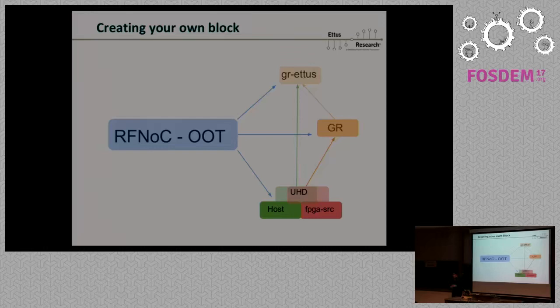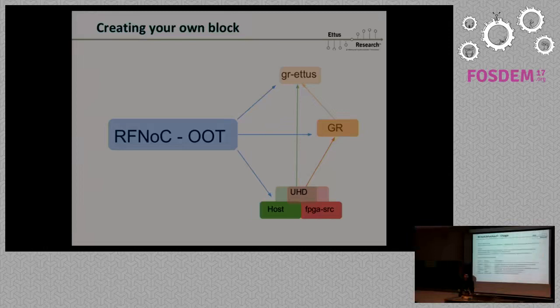So there are already some blocks written in RFNoC that you can use. But also, if you had an out-of-tree module that you want to use, you actually had to write everything in the same repository as your edits. And that was quite a problem because you don't really want to have different locations for something that is only doing one application. So then is where RFNoC modtool actually comes from.